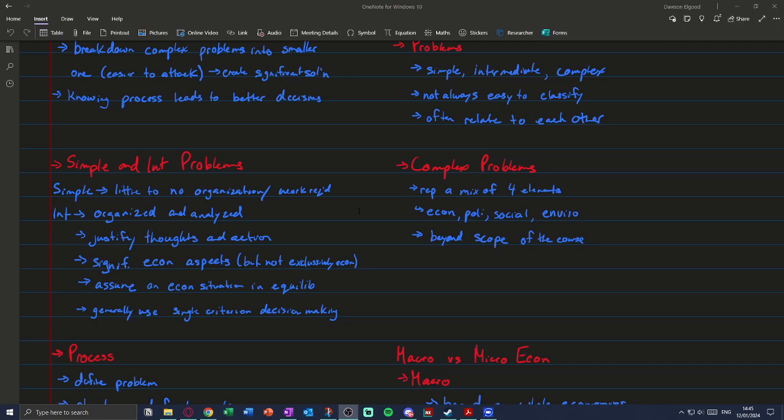Why are you coming forward with this thing that you're going to do, right? And so you have to back it up with either numbers or some sort of evidence behind it. So what are the significant economical aspects? But it doesn't have to just be economical aspects that you're focusing on. There's a whole bunch of different factors and aspects that you're going to worry about.